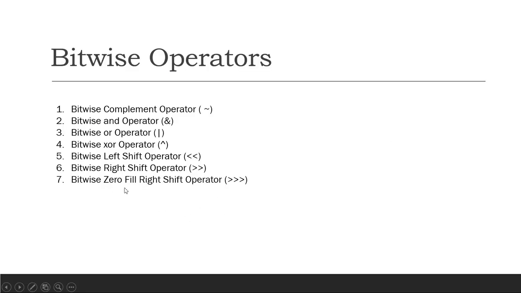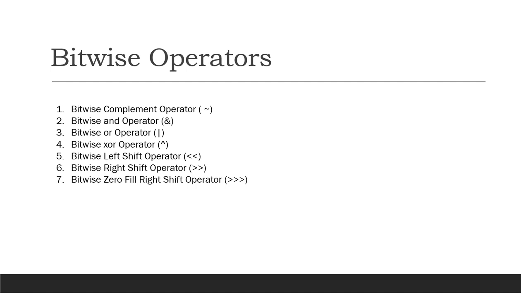Another operator is the bitwise zero fill right shift operator. This operator also shifts the bits of a number toward the right by a specific number of positions, but it stores 0 in the sign bit. The symbol of this operator is a triple arrow, basically triple greater than sign. Since it always fills 0 in the left bit, it is called the zero fill right shift operator.